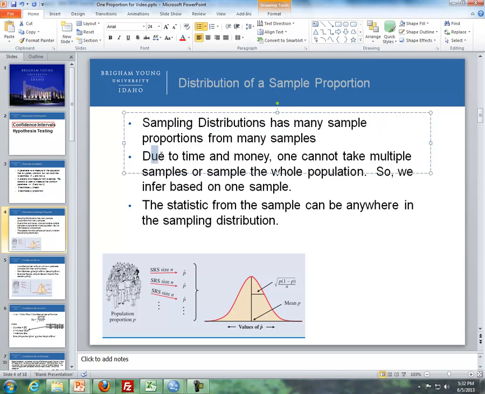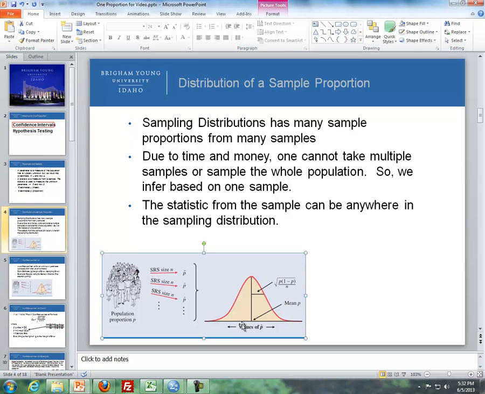However, due to time and money, one cannot take multiple samples or sample the whole population, so we infer based on one sample. So the statistic from the sample can be anywhere in the distribution of a sample proportion. If this is the distribution of a sample proportion, we can get a sample proportion here, or here, or here, or anywhere within this distribution.